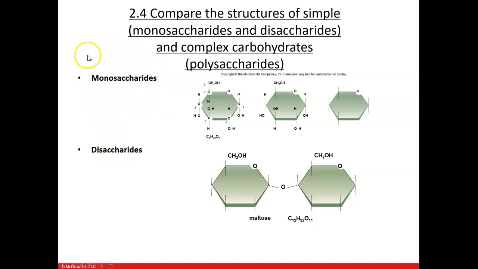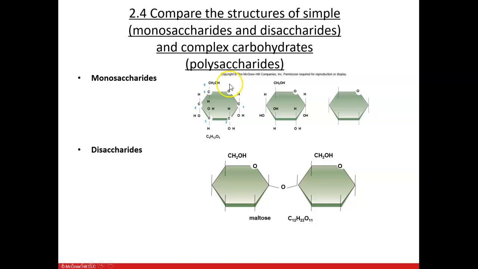A monosaccharide is 1 unit of a carbohydrate, and disaccharides are 2 units, or 2 monosaccharides. These are the sugars. You've probably heard of glucose and sucrose and fructose and lactose. All of these are simple sugars, or monosaccharides and disaccharides.